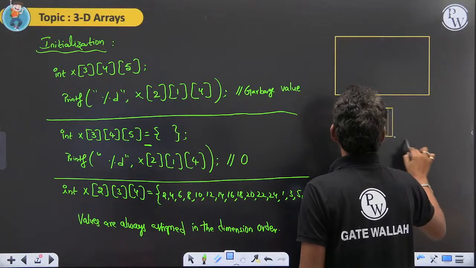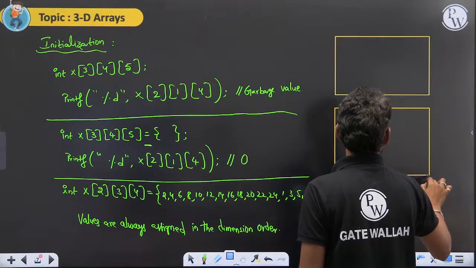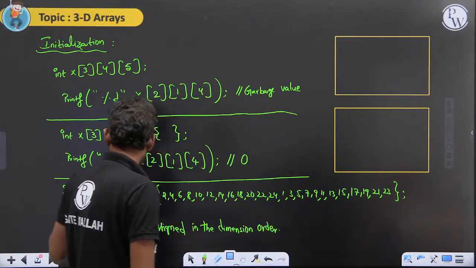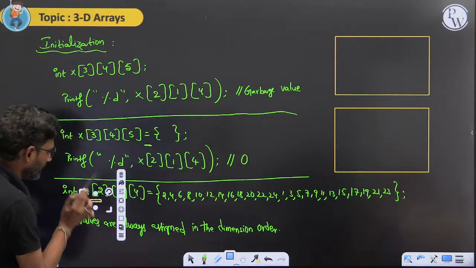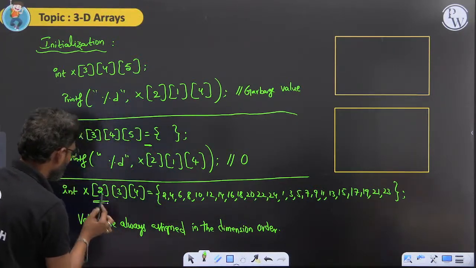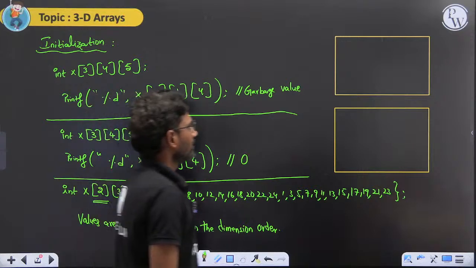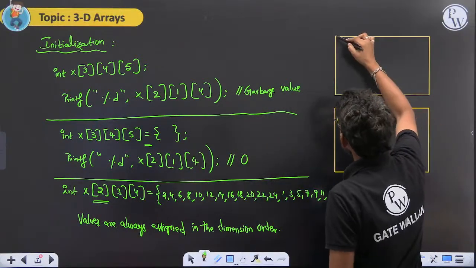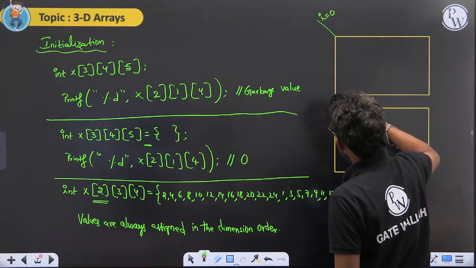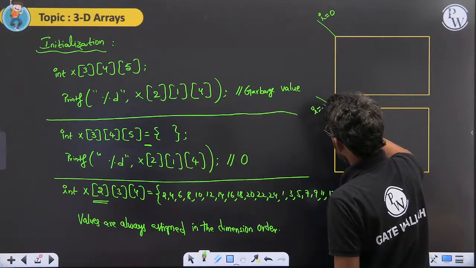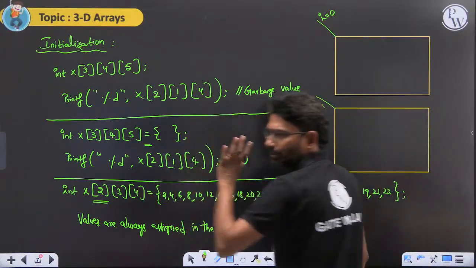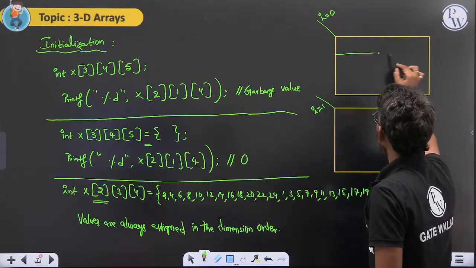This is one 3D array, and this is one 2D array, sorry. We have two 2D arrays. First 2D array, the index would be 0. Second 2D array, the index would be 1. In every 2D array we have 3 rows, so I am taking 3 rows.